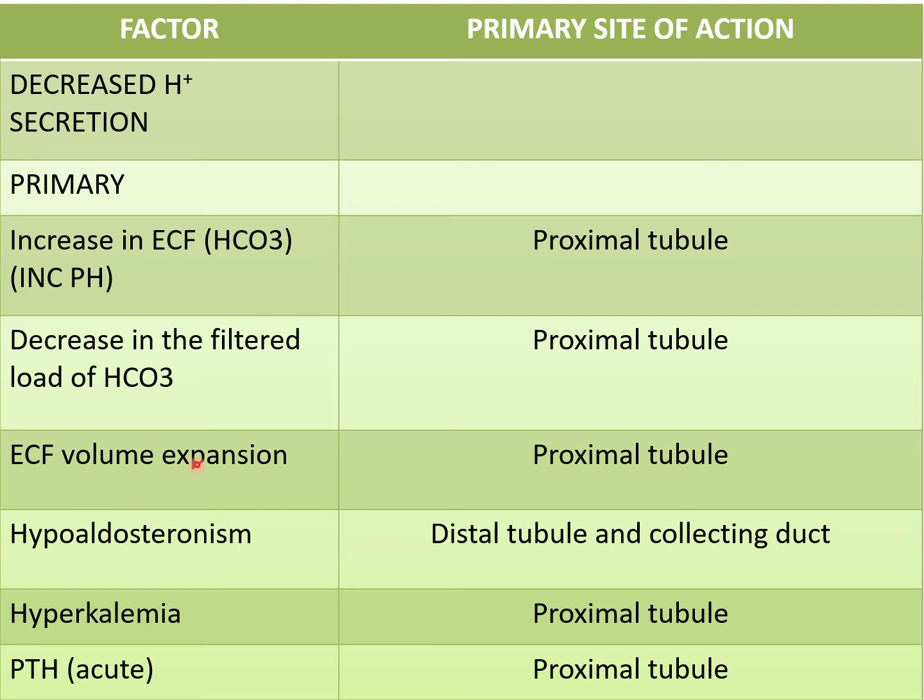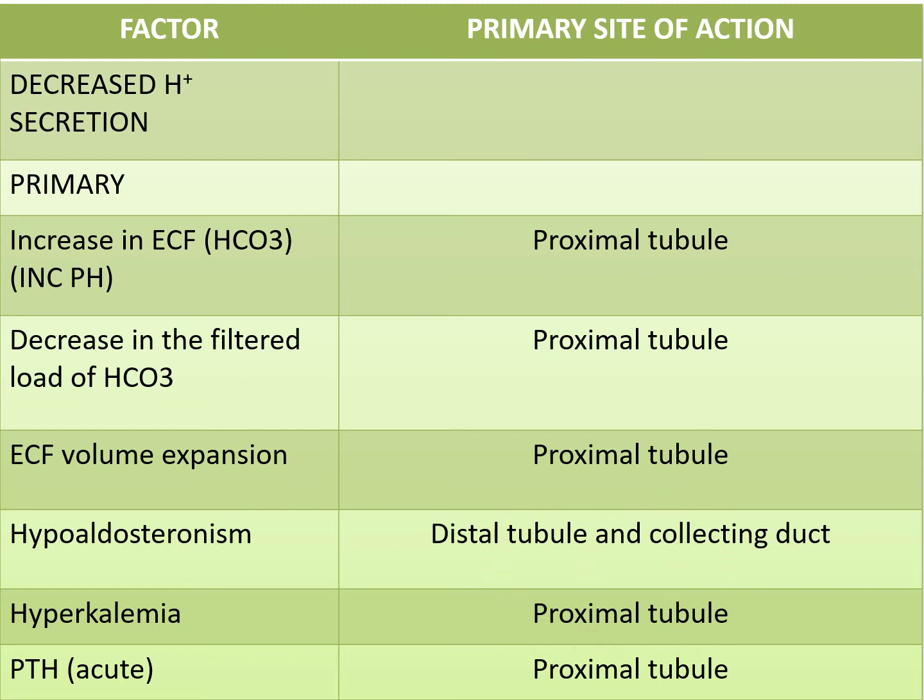Your ECF volume expansion will decrease it in the proximal tubule. The state of hypoaldosteronism will decrease the secretion in the distal tubule and collecting duct. Condition of hyperkalemia and acute state of increased parathyroid hormone levels will influence the decrease of secretion in the proximal tubule.